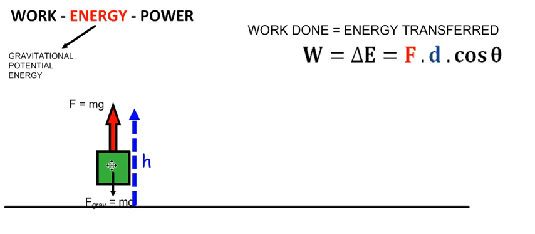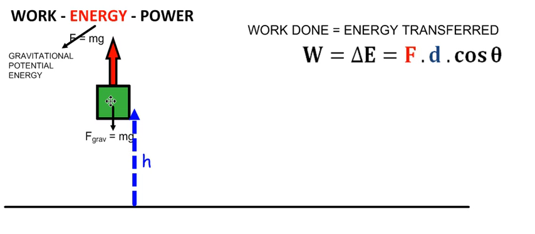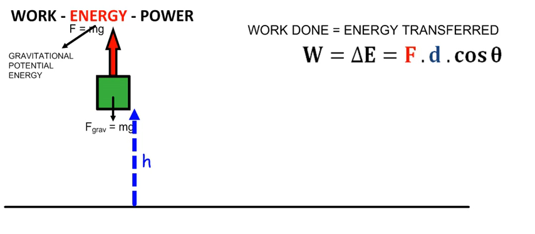then an amount of work will be done. According to the work-energy theorem, the amount of work done is equal to the energy transferred. So the amount of work done is equal to the force applied, which is equal to mg, times the distance moved in the direction of the force, which is h.